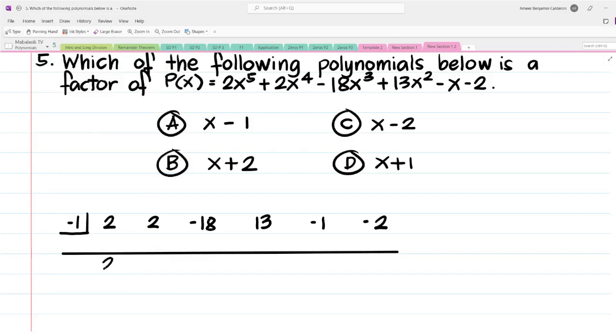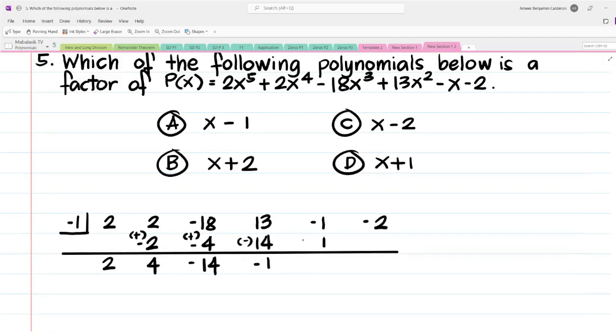So we have here 2 times -1. That's -2. Change the sign. So that is 4 times -1. That is -4. Change the sign. So this is -14 times -1. That is +14. Change the sign. So that is -1 times -1.